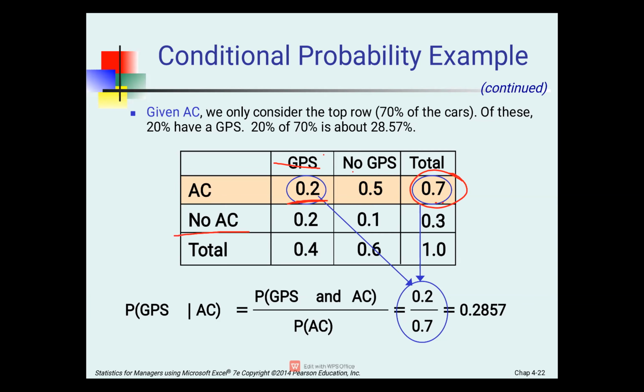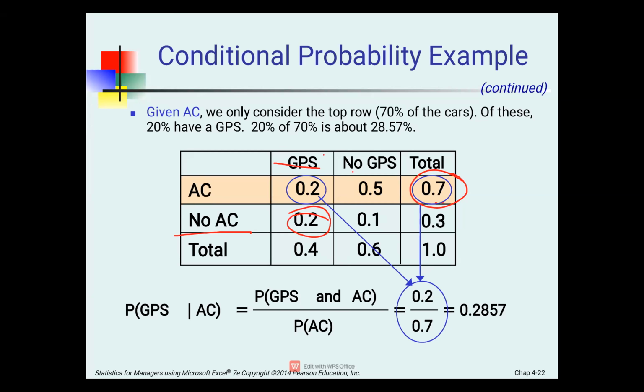Then you have no AC, no air condition. For those who do not have air condition, we have 30% thereof. This intersection here is for not having air condition but having GPS, which is 20%.